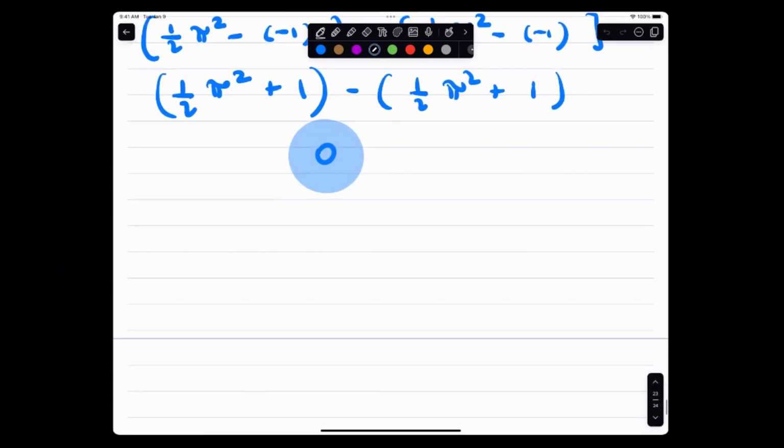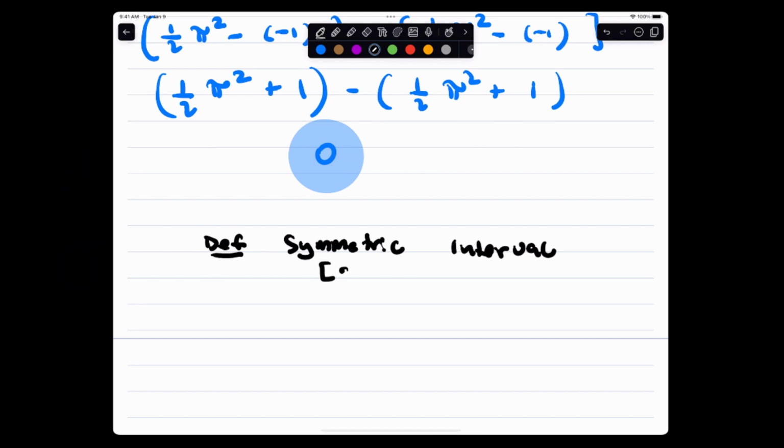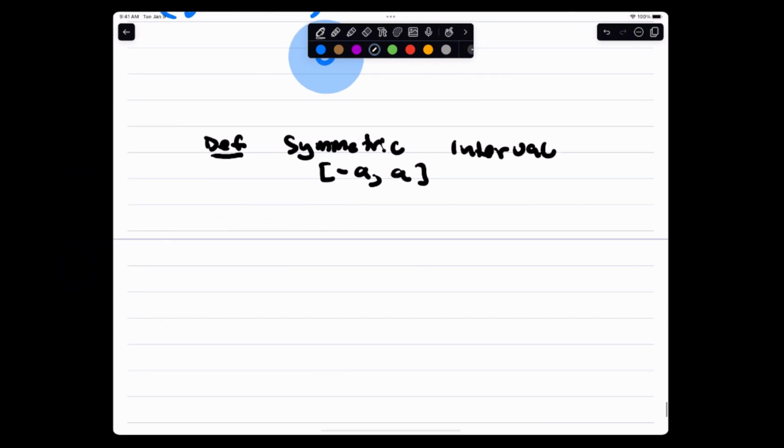Just looking at that curve, it's kind of an interesting curve. But I'm going to give you guys a fact here, first of all, the definition of what we call a symmetric interval. A symmetric interval is like when you have from negative a to a. So that's a symmetric interval. So you got two facts here.